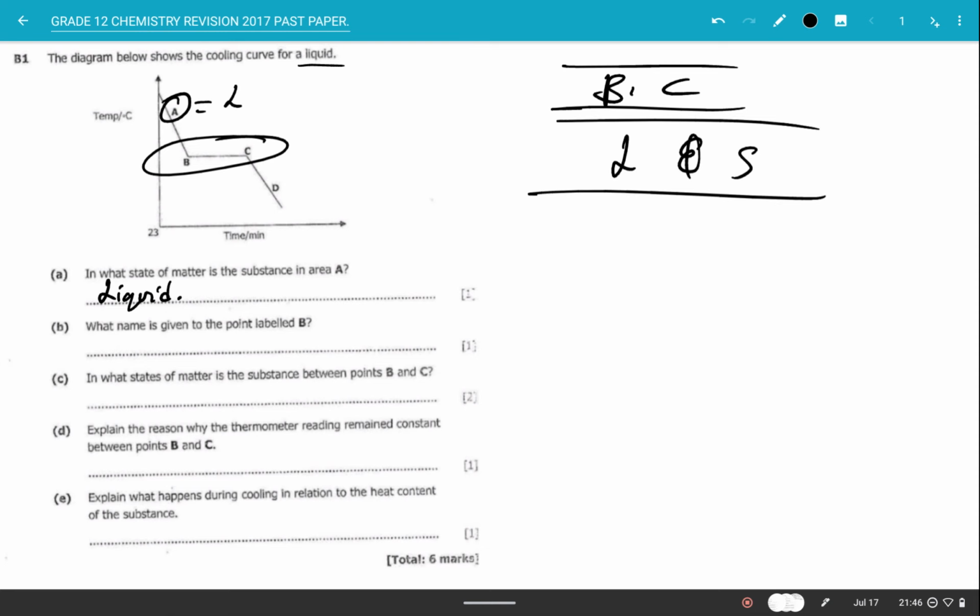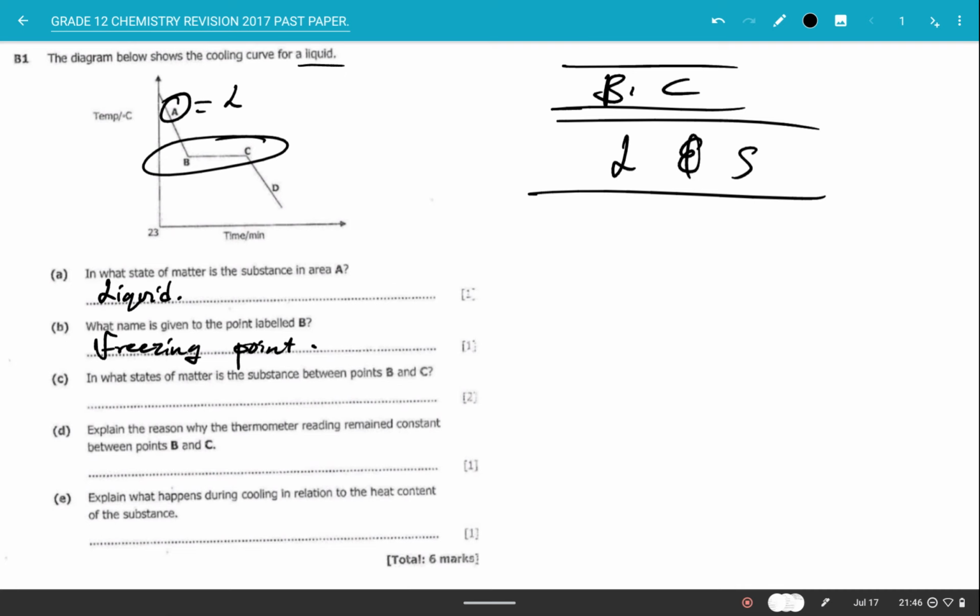And the point at which this substance is transitioning from a liquid to a solid is regarded to be a freezing point. So the name given to the point labeled B is simply freezing point. Freezing point, just like that.